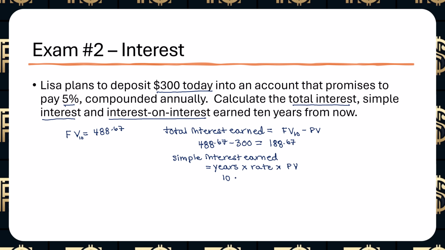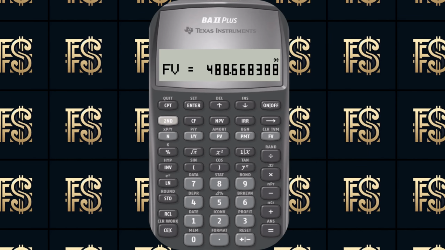In this example, we had 10 years, we had a rate of return of 5%, and we had a present value of $300. If we do the math on this, we should find that the total simple interest earned was $150.